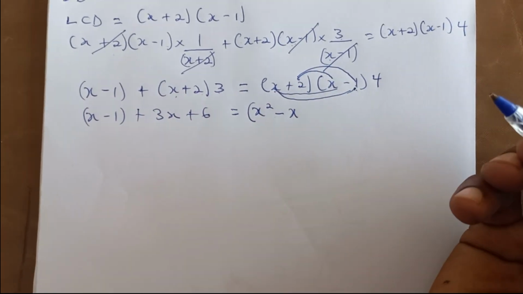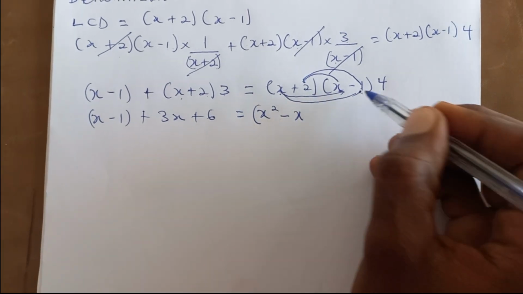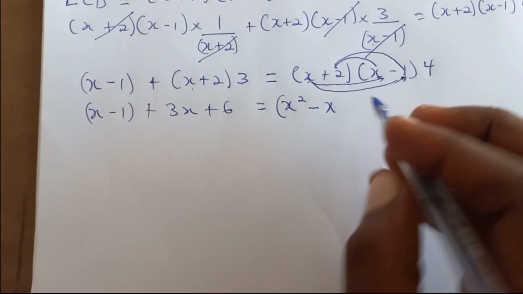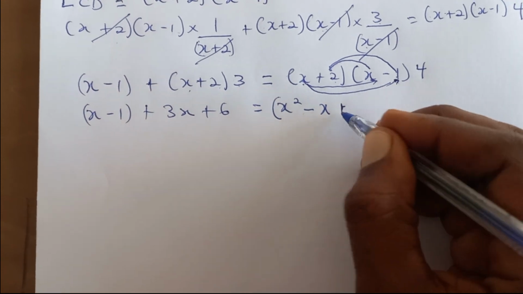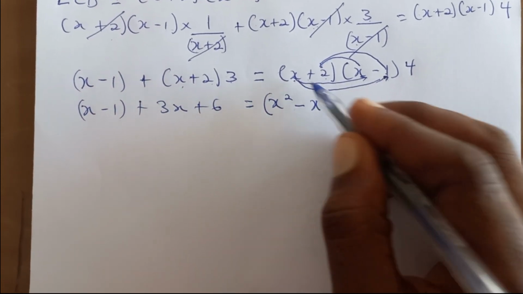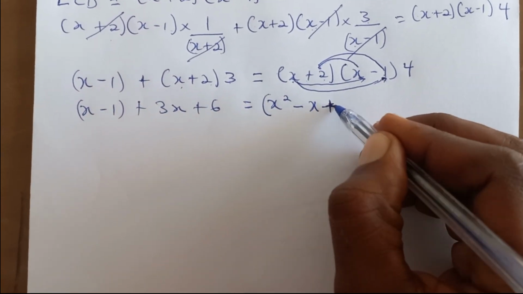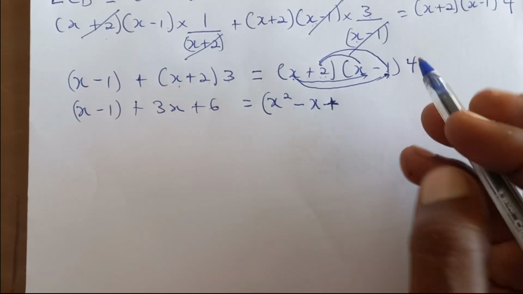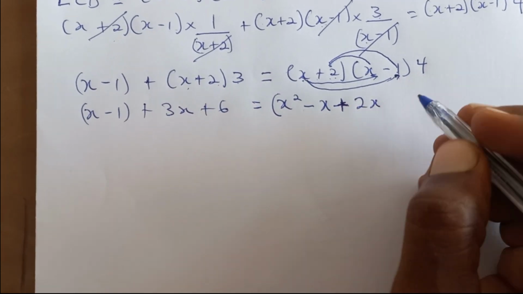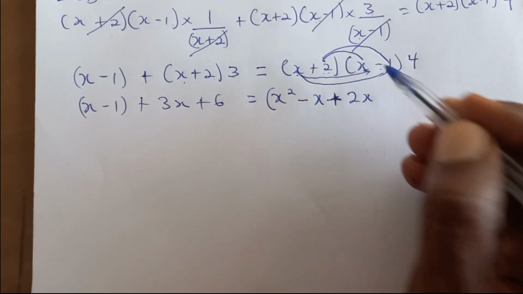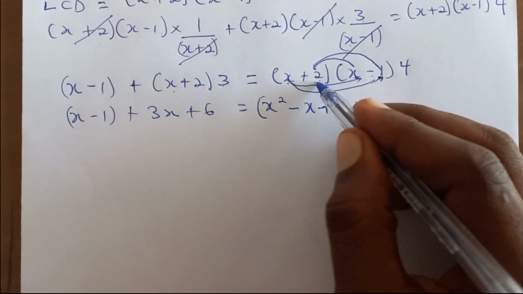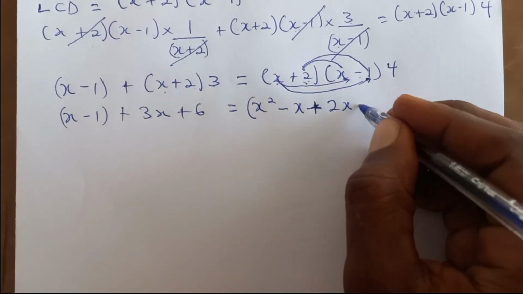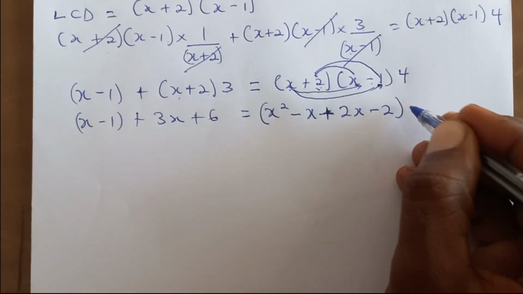You get it? So now it's left with a 2. Plus, because of the sign, it's positive here. So 2 times x, we get 2x. Then we have a minus here. 2 multiplied by -1, we get -2, all in brackets times 4.